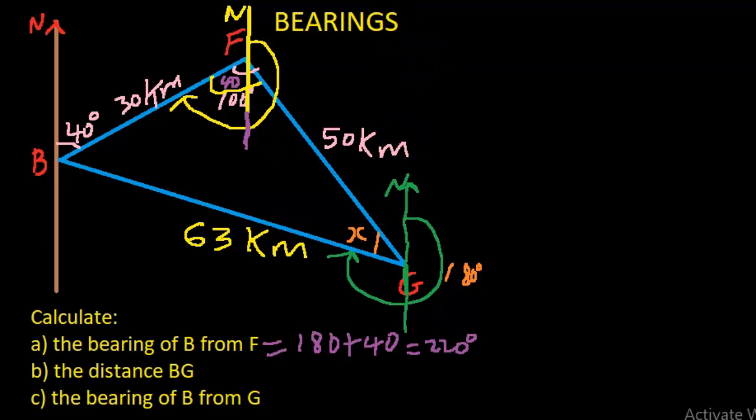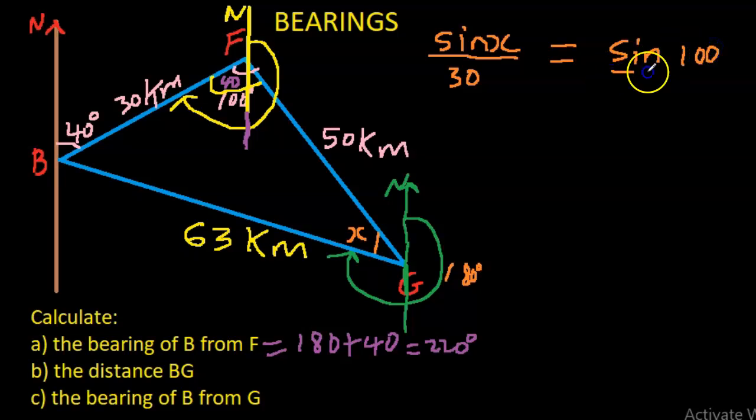So sine of this angle, X, over the side opposite, which is 30 kilometers, is equal to the sine of another angle in the triangle, this angle, 100, over 63. The aim is to find sine X before you can find X. So we multiply both sides by 30.